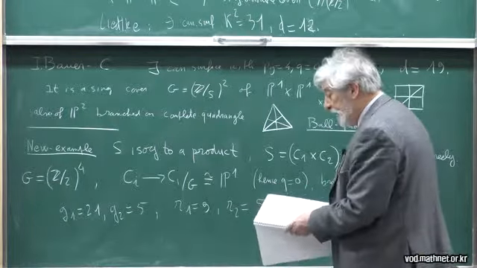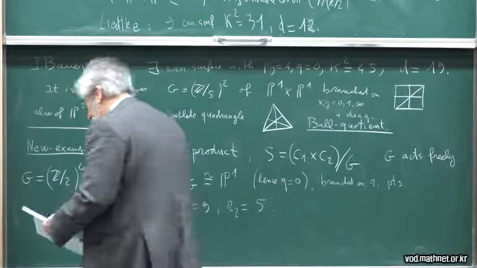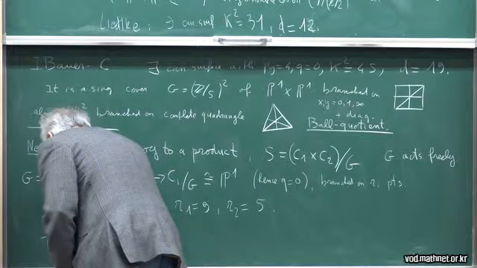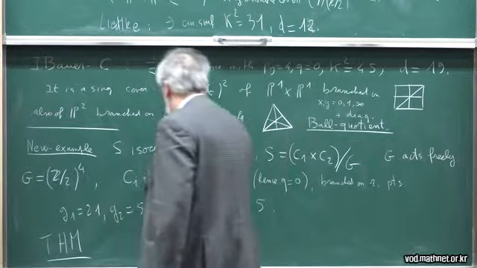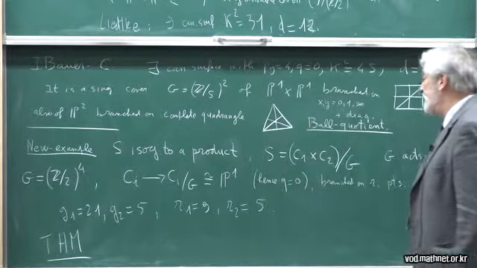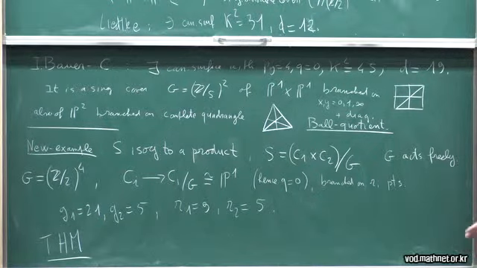And so what happens, now if you branch on 5 points, since the group is Z2 to the 4th, there is only one choice.